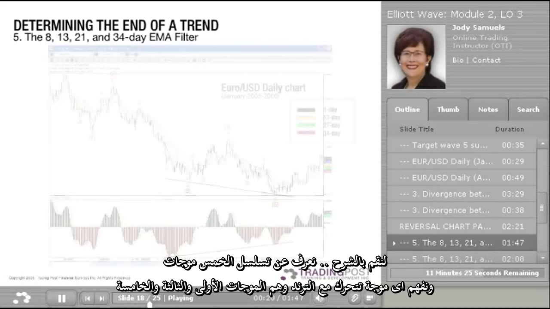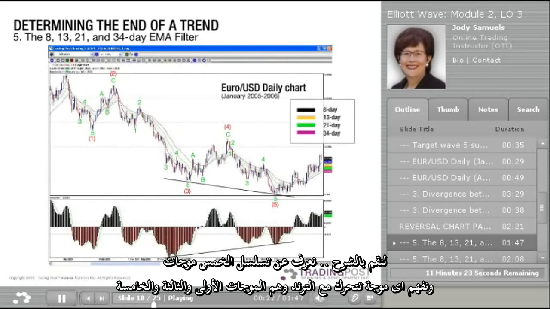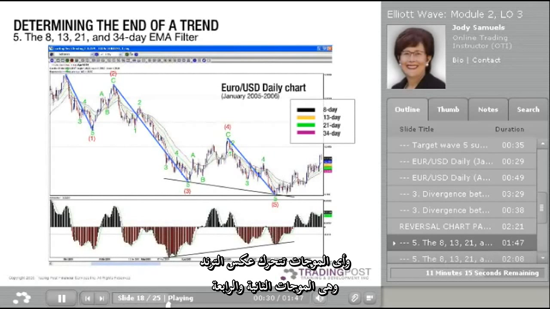Let's illustrate. You are now very familiar with a 5-wave sequence and understand which waves move with the trend, waves 1, 3, and 5, and which waves move counter-trend, waves 2 and 4.